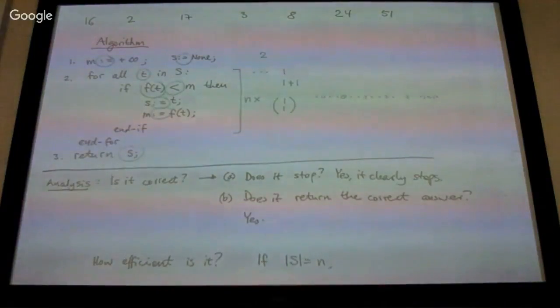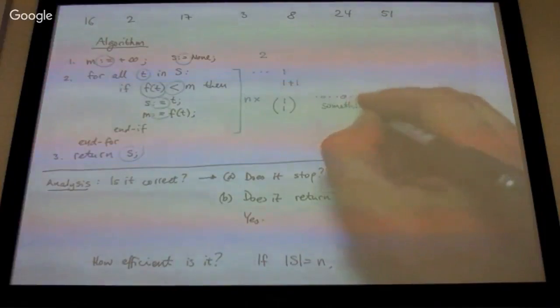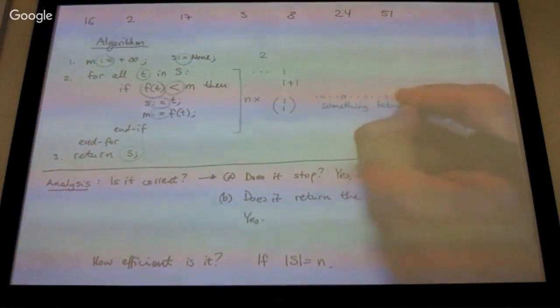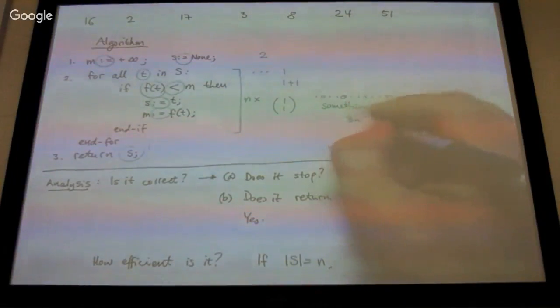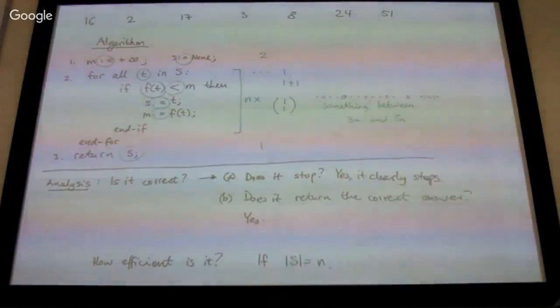So it does 3 or 5, something in between. And then it does 1 here.